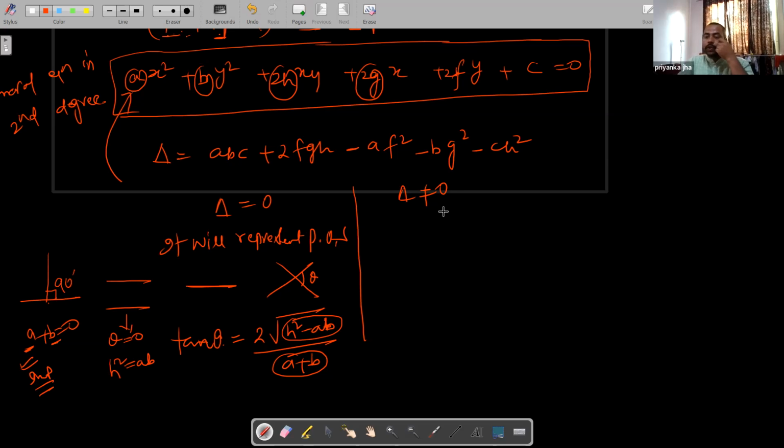Now, if delta is not equal to 0, it will represent conics. It may represent a circle when a equal to b, meaning coefficient of x square equal to coefficient of y square, and coefficient of xy must be 0. So h is 0.